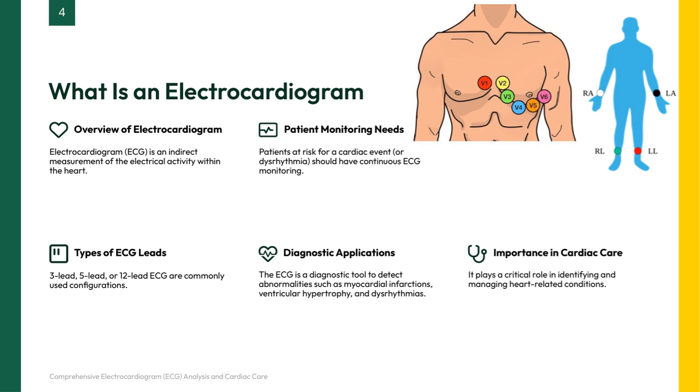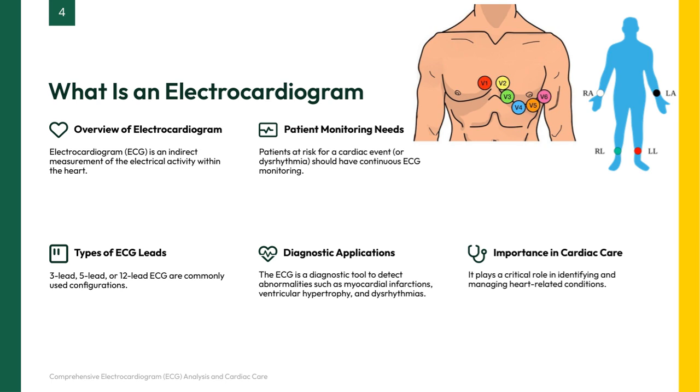There are different setups for ECG monitoring, most commonly 3-lead, 5-lead, or 12-lead configurations, each providing a varying level of detail and perspective on the heart's electrical signals. The ECG is not just for monitoring, it's a crucial diagnostic tool. It helps us detect serious conditions like heart attacks, enlargement of the heart muscle, and various abnormal heart rhythms. Overall, the ECG is indispensable in cardiac care because it allows us to identify problems early and manage heart-related conditions effectively.